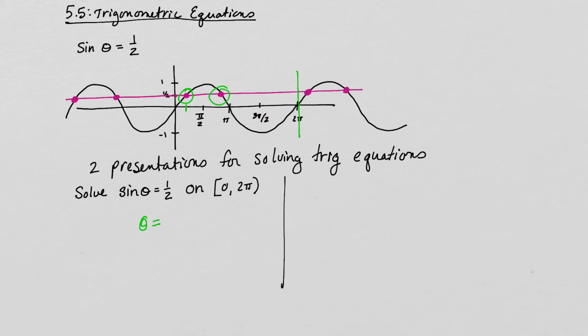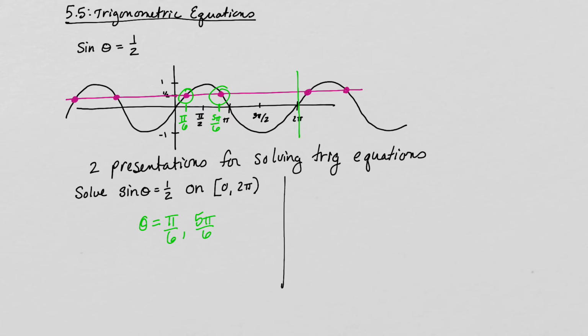So this first place here is pi over 6, and this second place here is 5 pi over 6. So theta could be pi over 6, or theta could be 5 pi over 6. So one type of problem usually says, solve these problems between 0 and 2 pi, so they're talking about solving it on the unit circle.